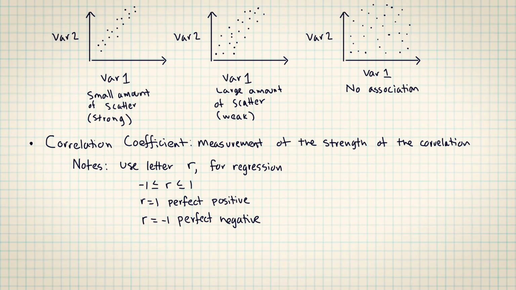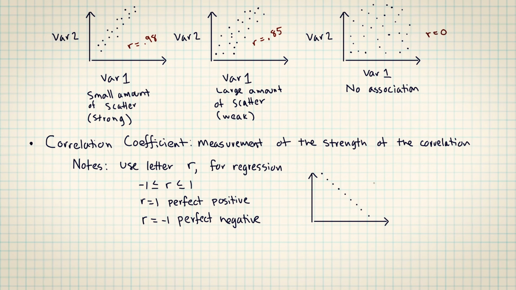So just looking at the pictures that I've drawn before, this small amount of scatter looks like something like R equals maybe 0.98, so 98% correlated. This one is a little bit weaker, so we're going to have a slightly smaller value for R. And this one, maybe R could be 0.85. And then this one here where there's no association at all, it's completely random where the dots are, this one is going to be R equals 0.